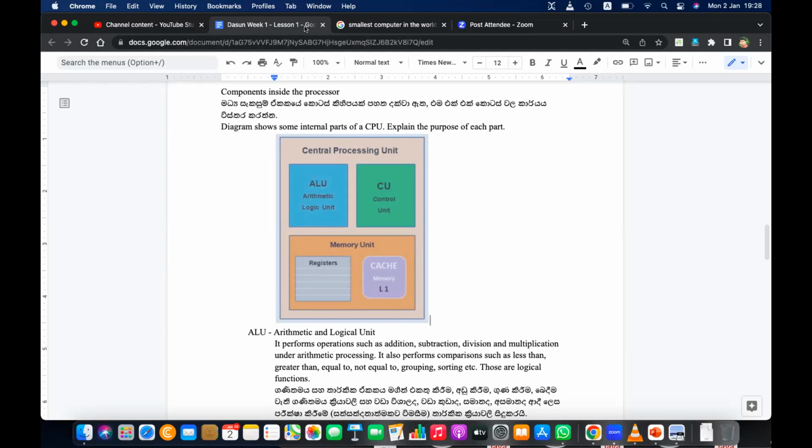Similar to that, in this computer world, the brain of the computer is the CPU. The CPU plays such a vital role in the computer.